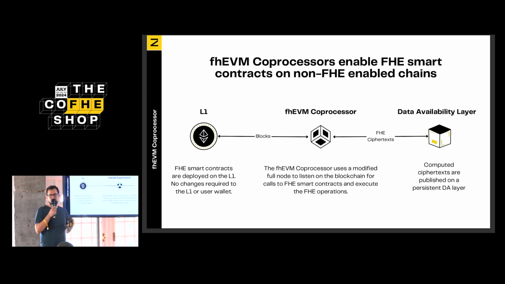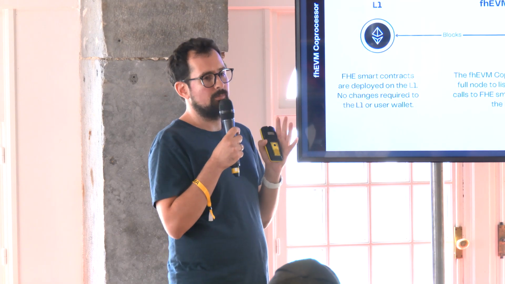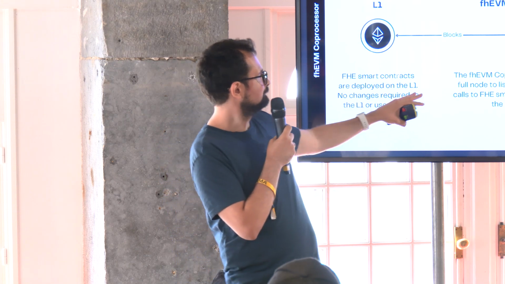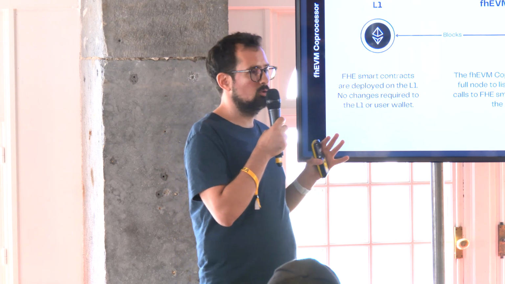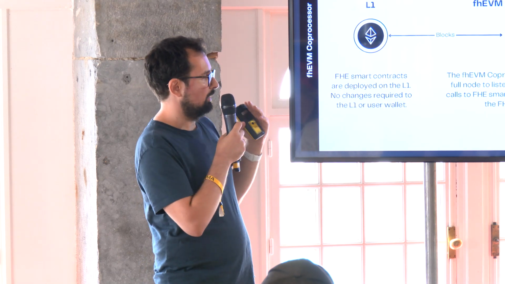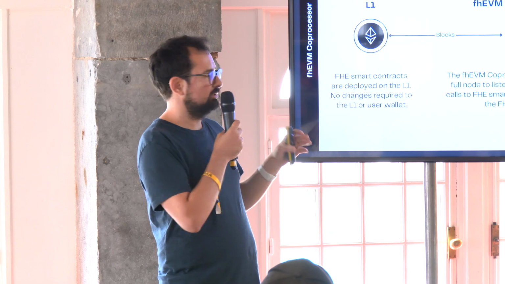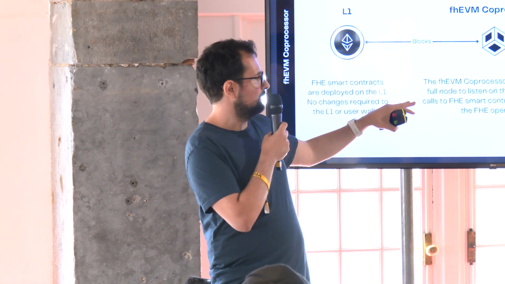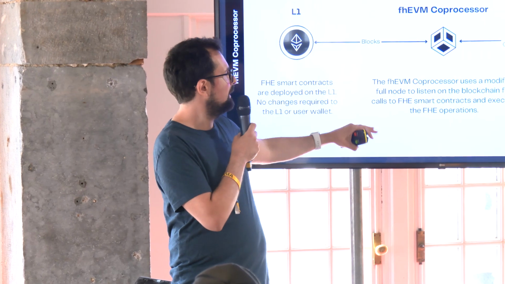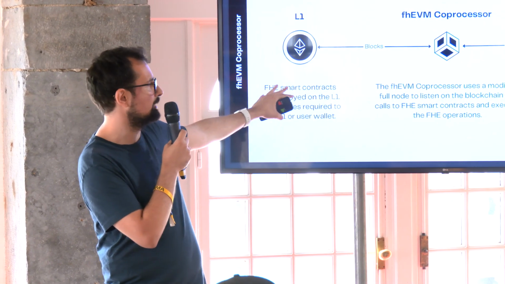So to give you an example, let's say you want to do A plus B, and A and B are encrypted values. On the coprocessor, we will just fetch A and B from the DA and produce a new result. I'll talk about this in a bit, but the main idea is to remove FHE computation from on-chain.